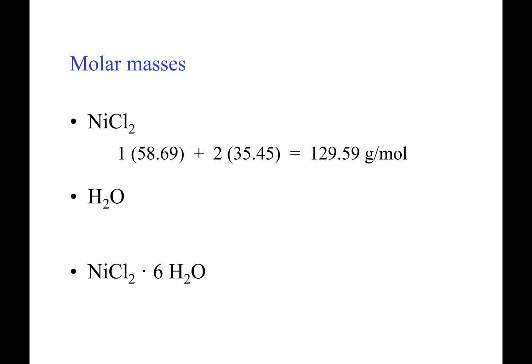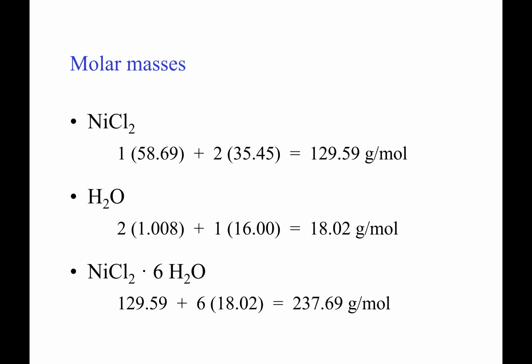The molar mass of just one of those 6 waters of hydration would be this. Molar mass of water: 2 for hydrogen times 1.008, plus 1 for oxygen times 16.00, or 18.02 grams per mole. You do a lot with water, so you're probably going to memorize that one. And for the full thing, I just build on what I have above.